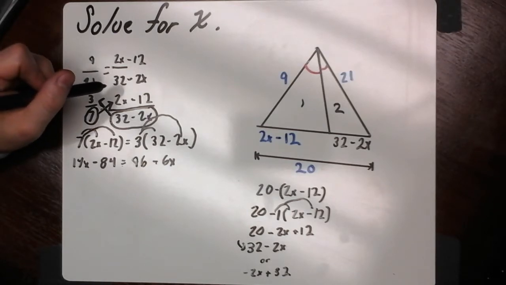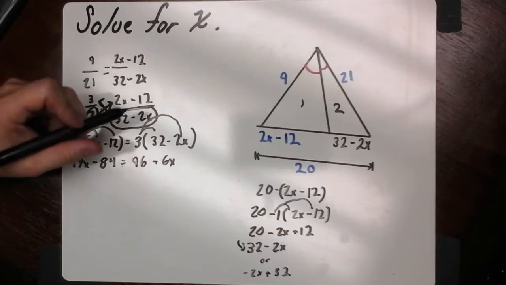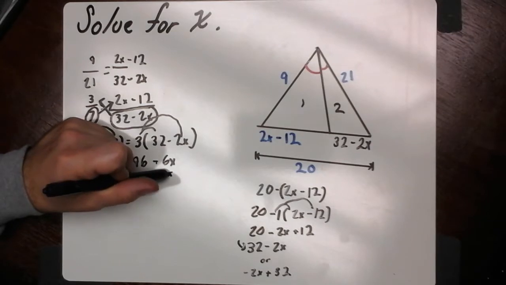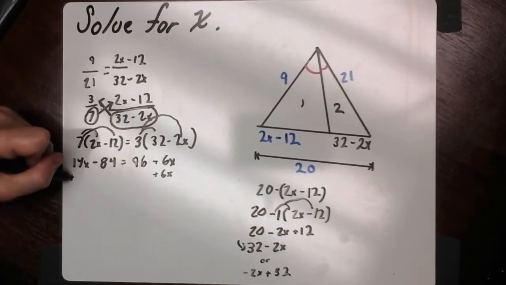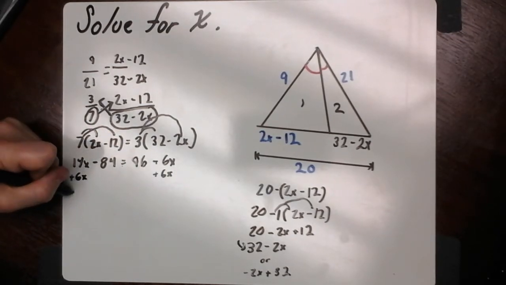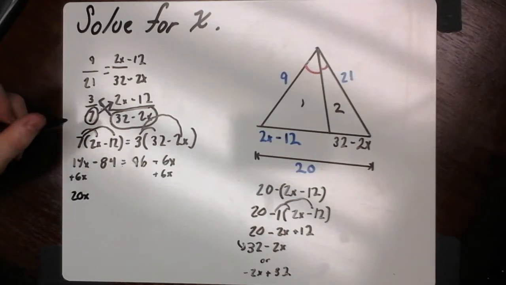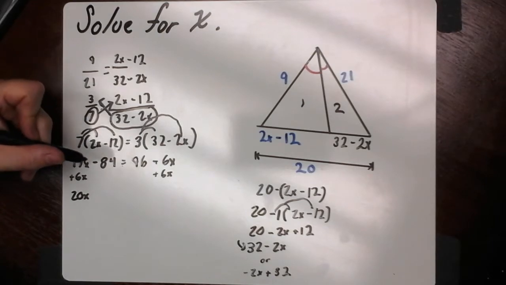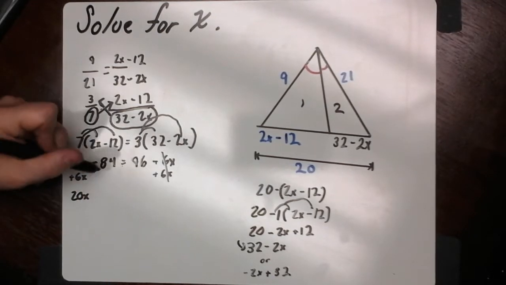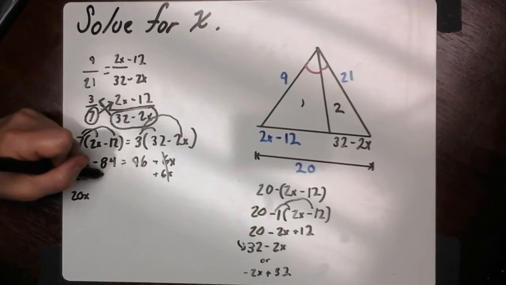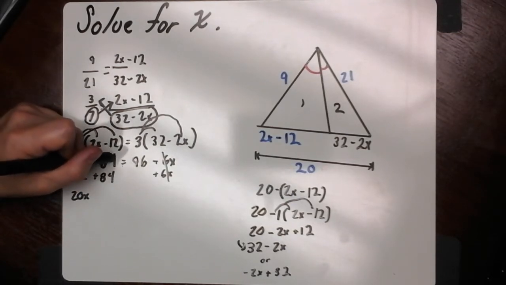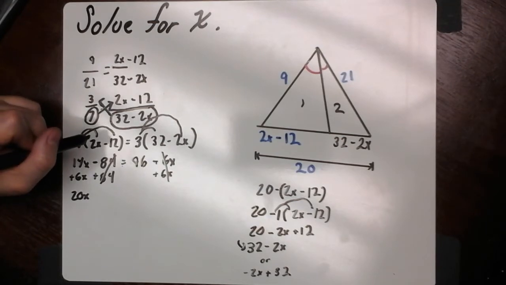Okay, let's move some stuff around. I want to undo some subtractions. So I'm going to undo the negative 6x, make that a positive 6x, and add it to the 14. So that's going to give me 20x. I want to try to keep my x's positive. That is honestly just a preference. So that crosses out. Then I'm going to add 84 to the negative 84 to give me 0 there.